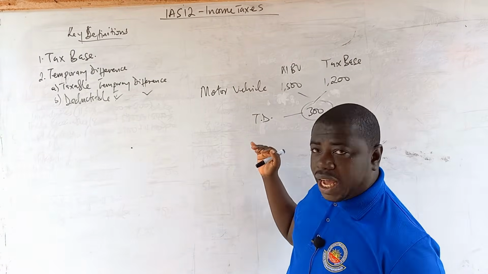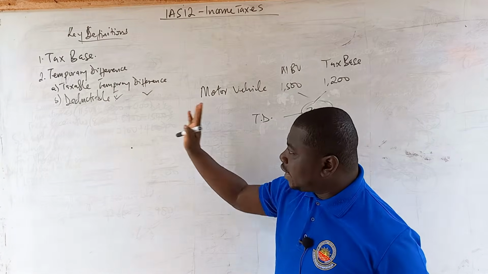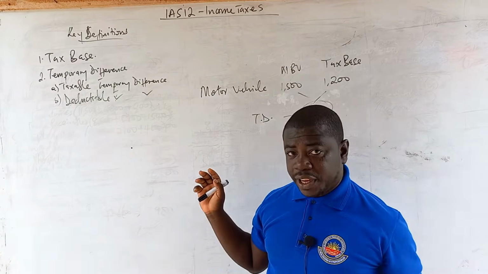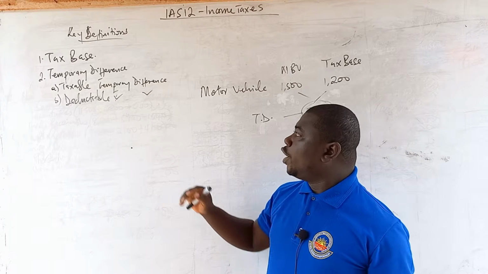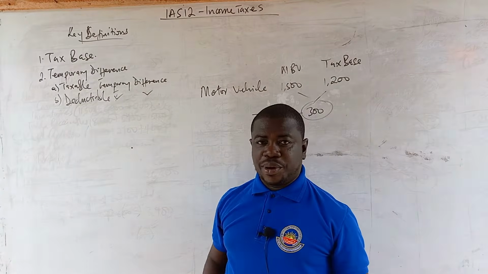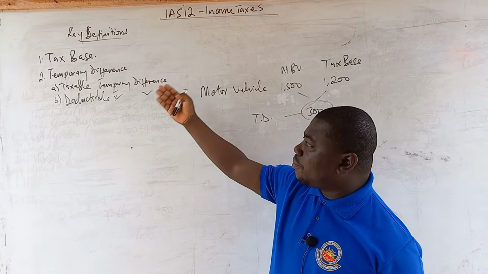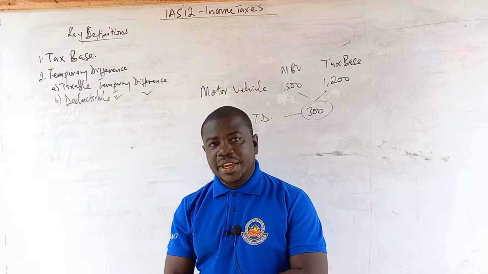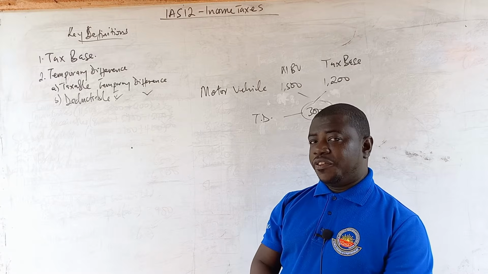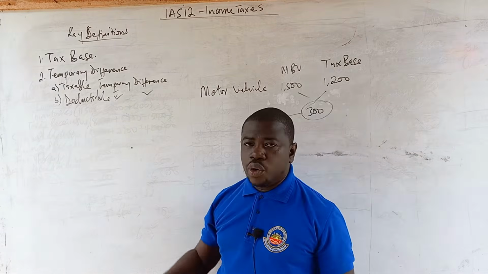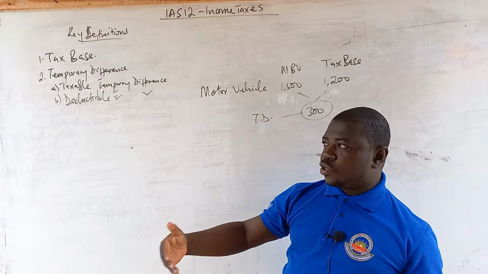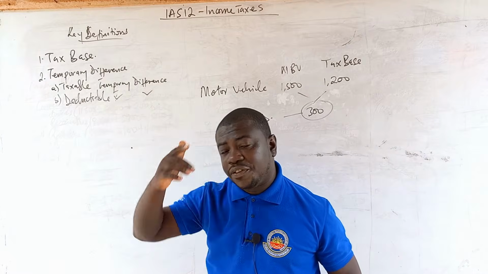But we are going to look at how to consider the temporary difference in the calculation of deferred tax as we move on. Okay, so the key word here is the temporary difference. And let us try and understand the taxable temporary difference as temporary differences that are going to result in future taxable amounts in determining future profits or loss. And the deductible is also likely to result in a deductible amount in estimating future taxes.